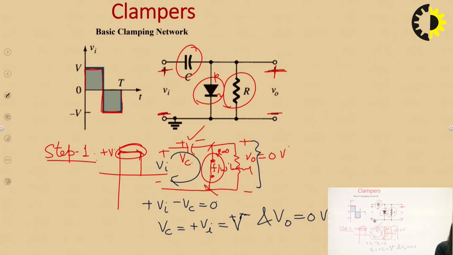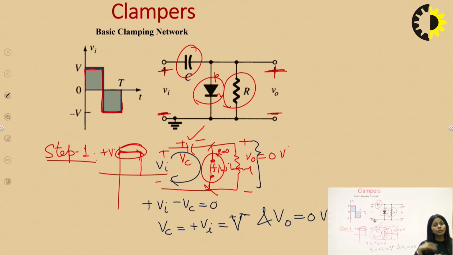So the output voltage we have calculated, and the voltage on the capacitor VC we have calculated. So we went to that particular cycle where the diode was forward biased in step 1, and we calculated VC, the voltage across the capacitor, and then we calculated VO.